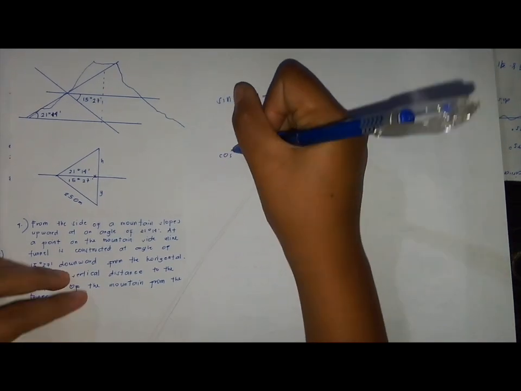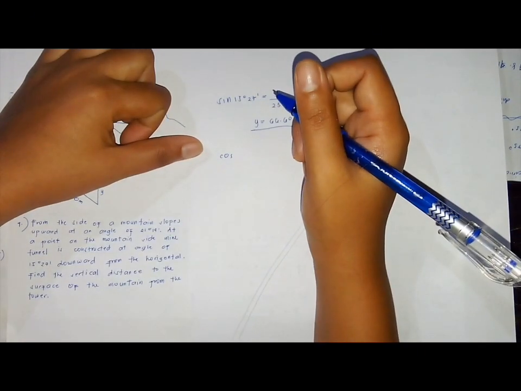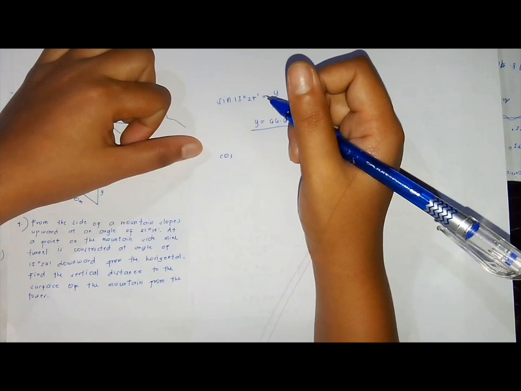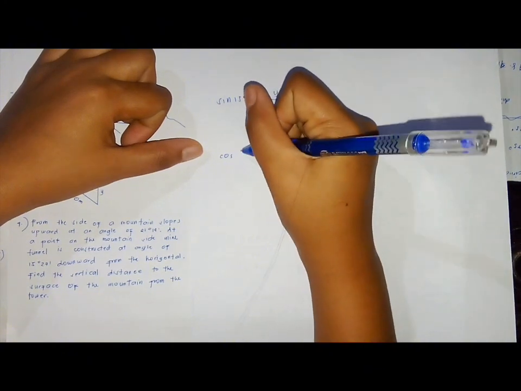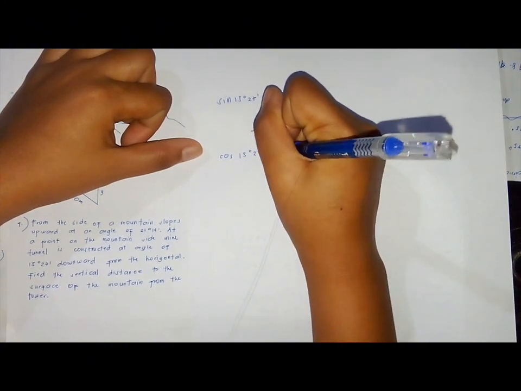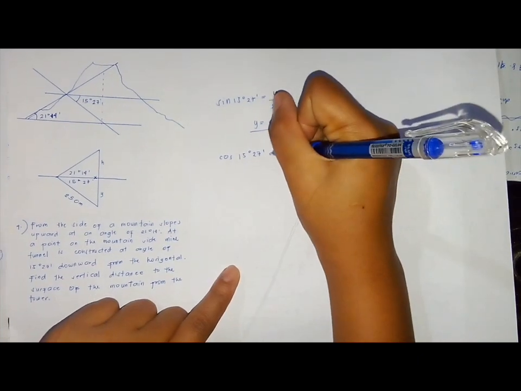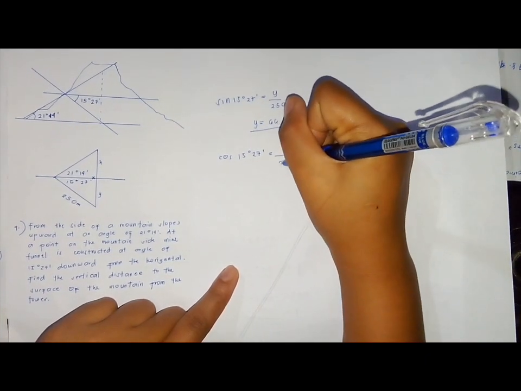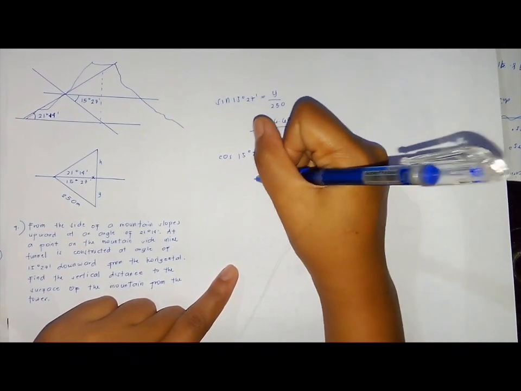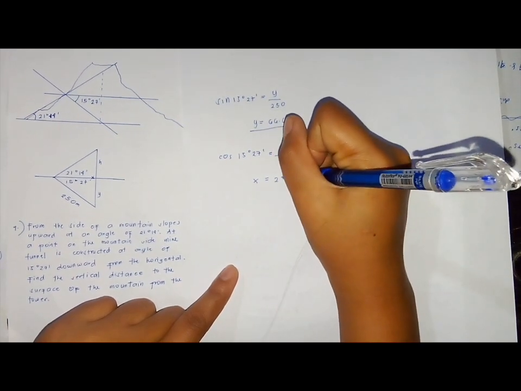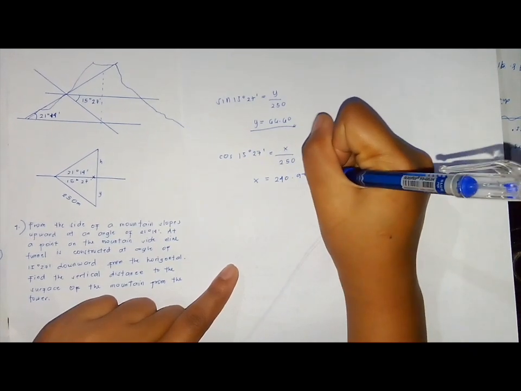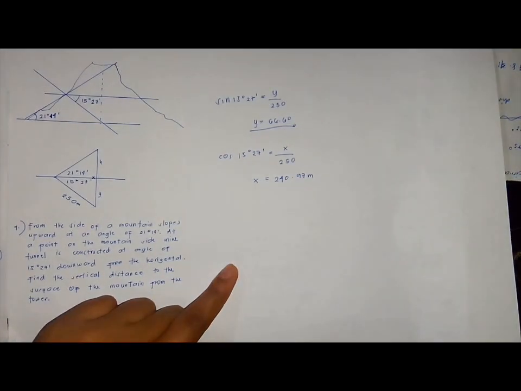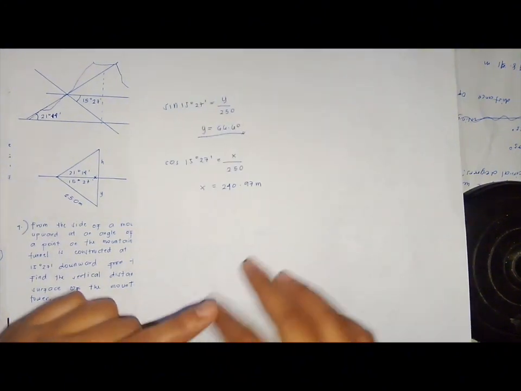So cosine is equals to adjacent over hypotenuse. Cosine 15 degrees 27 minutes is equals to x over 250. So x is equals to 240.97 meters.